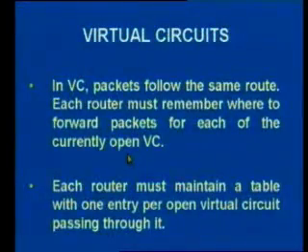And second, how is the router able to assign this? Each router must maintain a table with one entry per open virtual circuit passing through it. So each router has a certain table, what we sometimes call a hash table. The hash table contains two columns: one might be related to the packet number or the node number from which data is being transmitted or to whom data is being transmitted, and the second column will contain the virtual circuit number and so on.